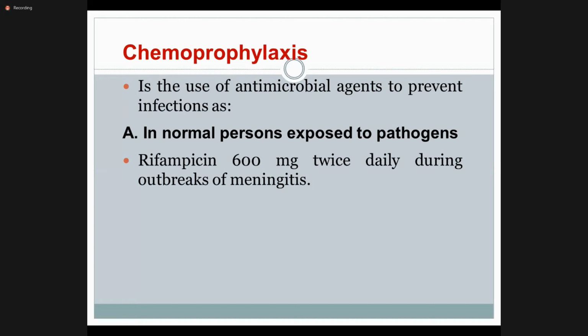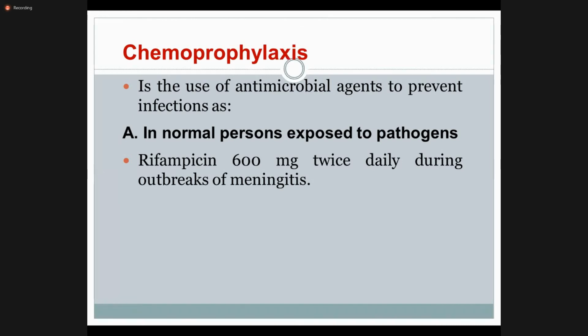That means after the occurrence of infection, we start antibiotics to overcome that infection. But chemoprophylaxis means the drug that we are using, at that time the patient is not suffering from that infection or any disease. This is the broad term.